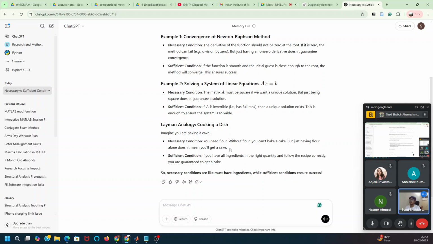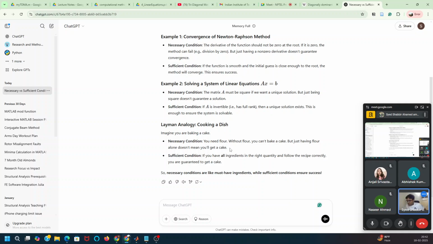Let's say you have the flour, you have other things, but you don't have sugar or something. Then also you might make a cake, but it won't be tasty. Or if you don't have cream, you can make a cake which is like a plum cake. You can make a cake.